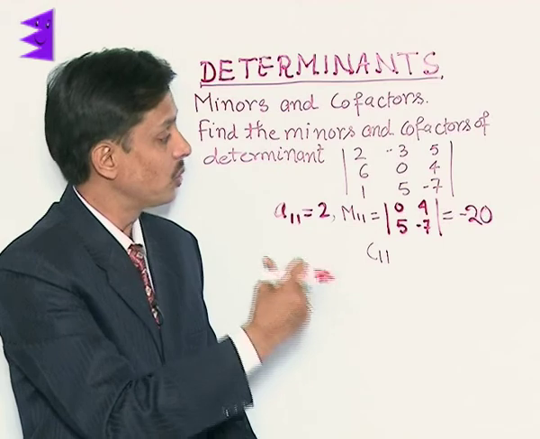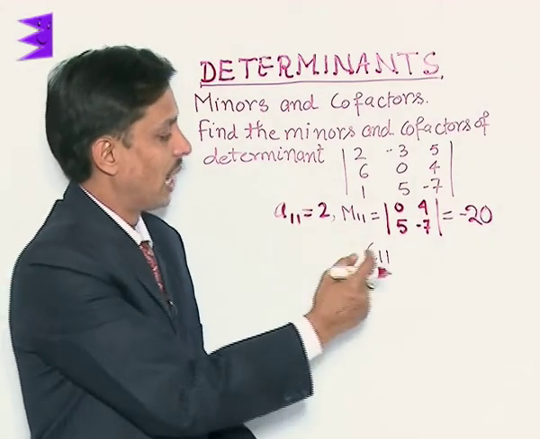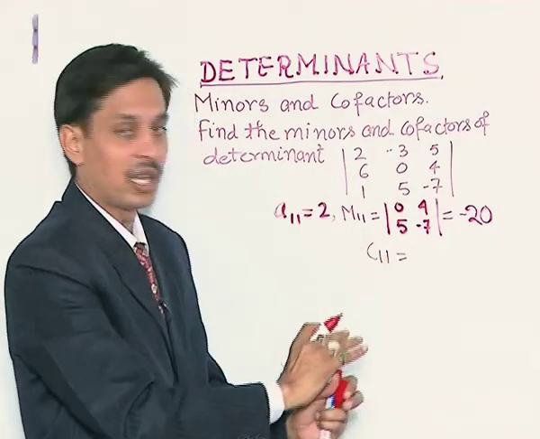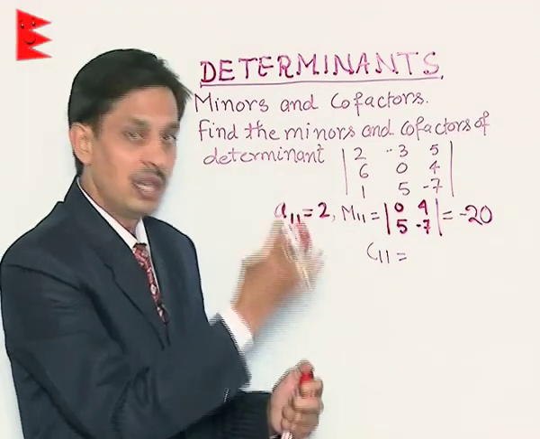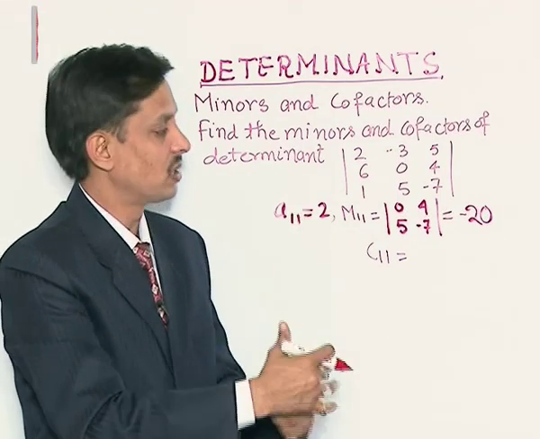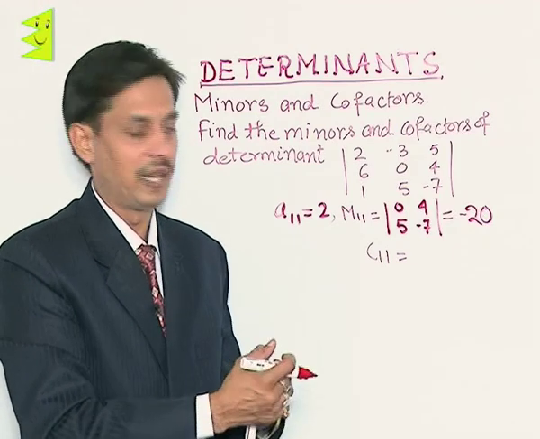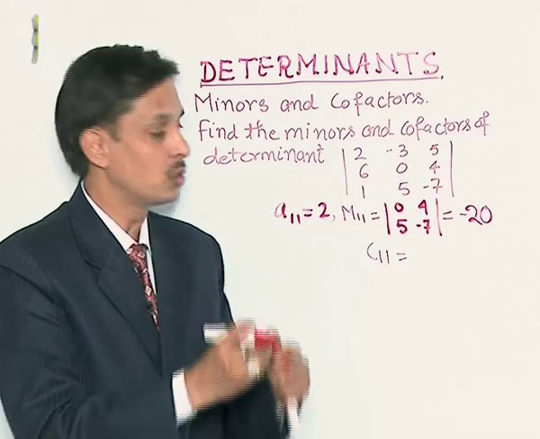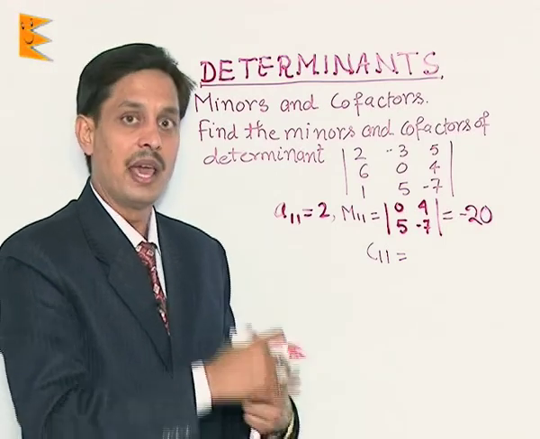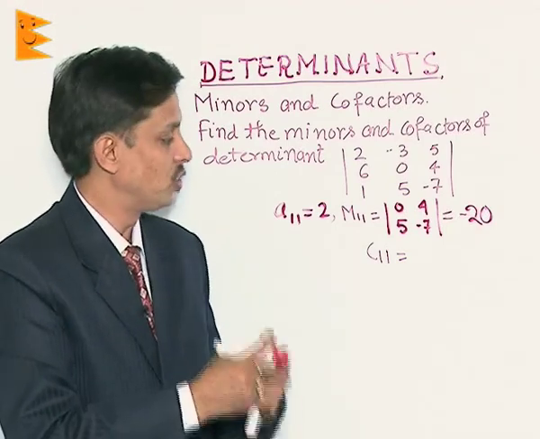Now what is the cofactor? You have to remember the cofactor is the same number, sometimes even in sign but sometimes opposite in sign. How will you diagnose when the cofactor stays the same as the minor and when its sign needs to change?